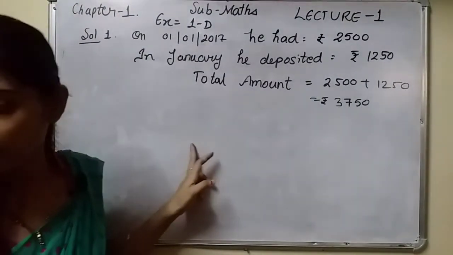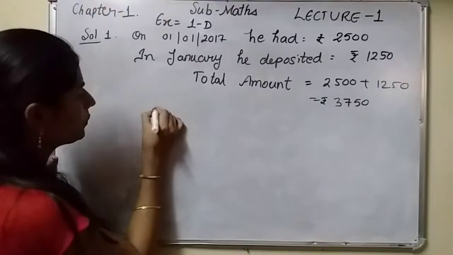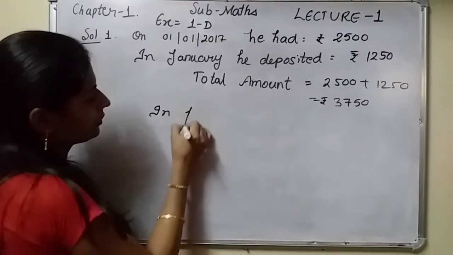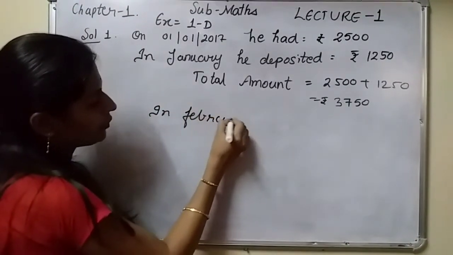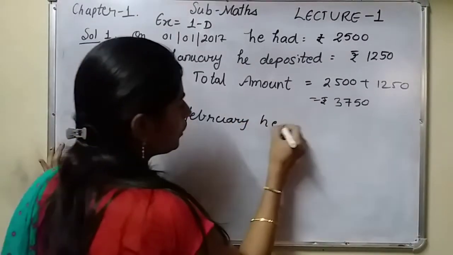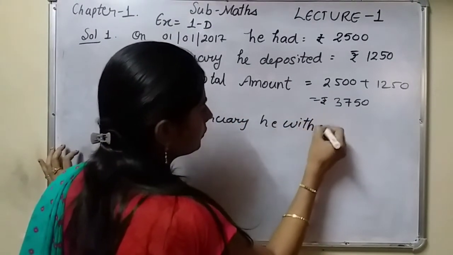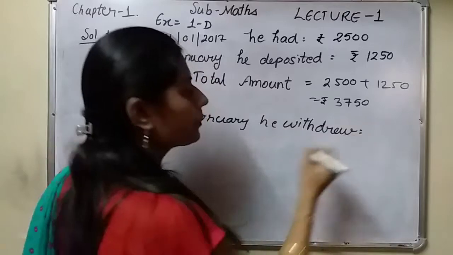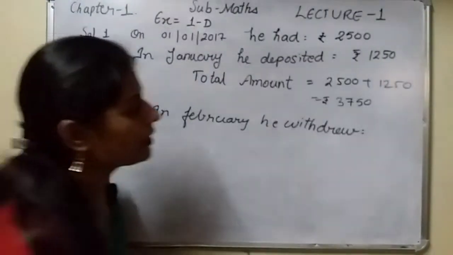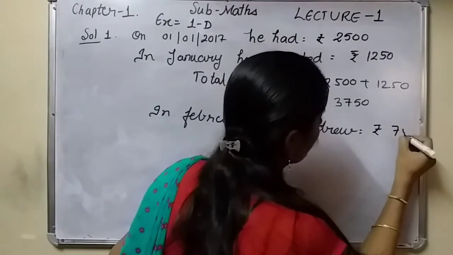Now see, in February he withdrew. How much did he withdraw? Rupees 750.